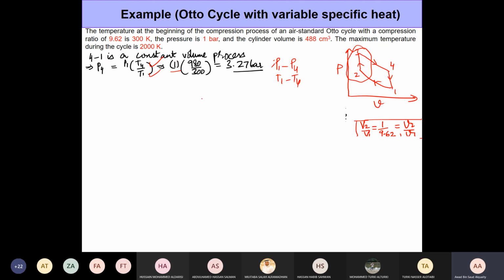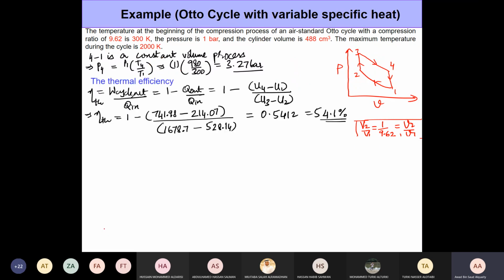Now, this was part A of the problem. We need to go ahead and determine the thermal efficiency. Determining thermal efficiency here is pretty straightforward, right? We can make use of the formula, the net work done in the cycle divided by Qn. Now, you have two options. Either you could calculate the net work done during the cycle, which is work out during the process 3 to 4 minus work in during the compression process 1 to 2.